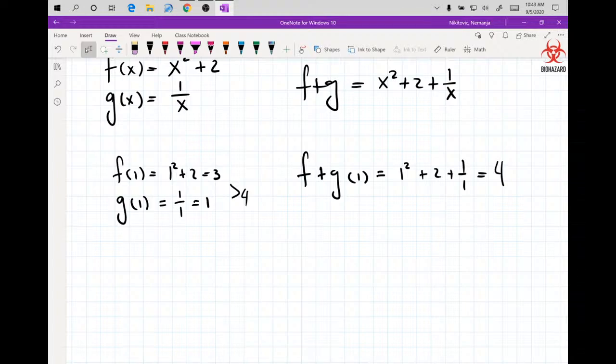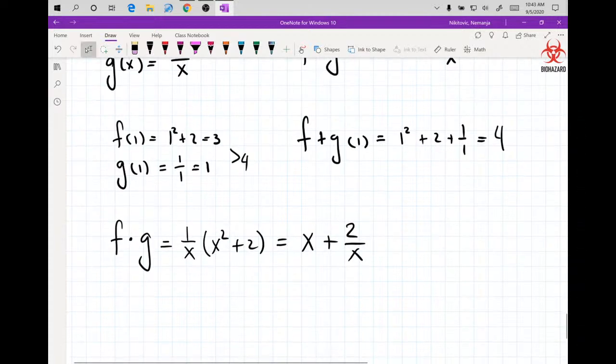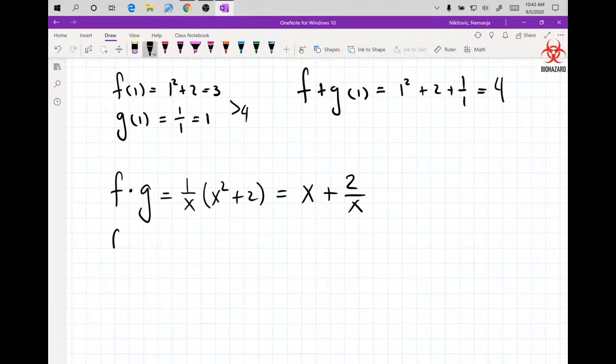So let's say I want to now compute f times g. Well, f times g is 1 over x times x squared plus 2, which simplifies down to x plus 2 over x. So how much is f of 1? Well, we know that's 3. How much is g of 1?